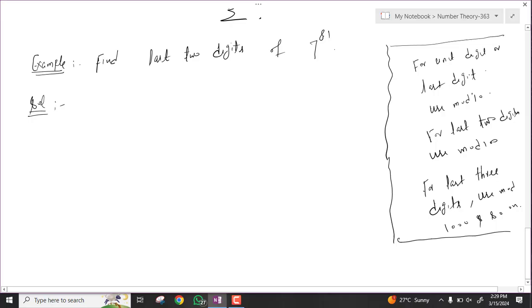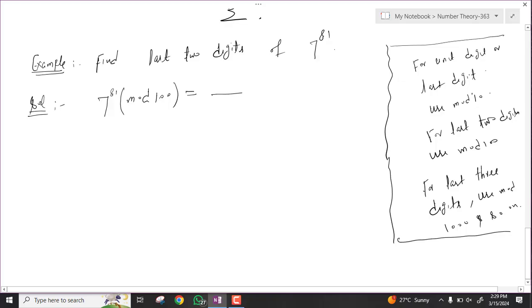See here, we have to find 7 power 81 modulo 100, because we have to find last two digits. If we have to find last digit, then we use modulo 10. If we want to find last three digits, then we use modulo 1000.